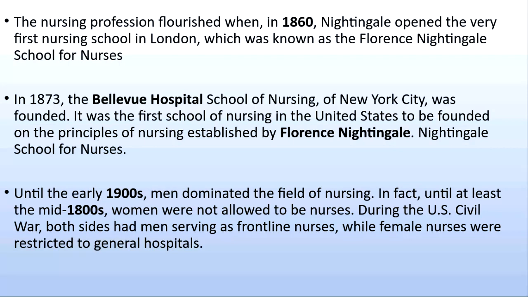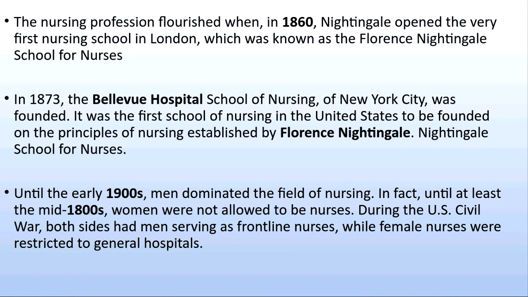Like I said, nursing is a dynamic field that's changed over time. The nursing profession really started taking off in 1860, and that's when Florence Nightingale opened the first nursing school in London. Then in 1873, the Bellevue Hospital School of Nursing in New York City was founded. This is the first nursing school in the United States.